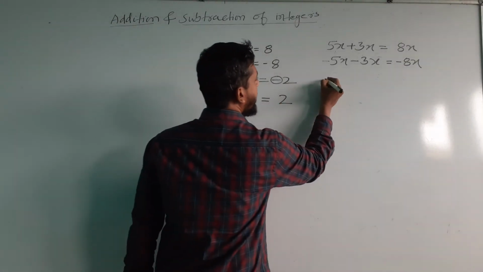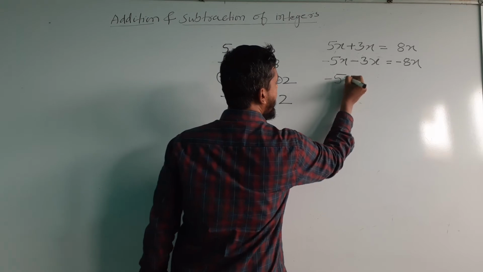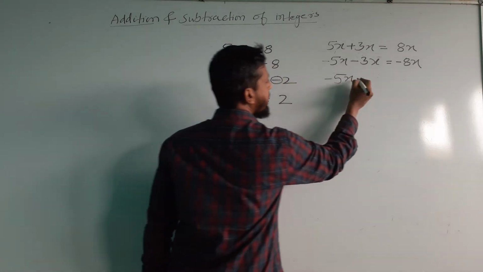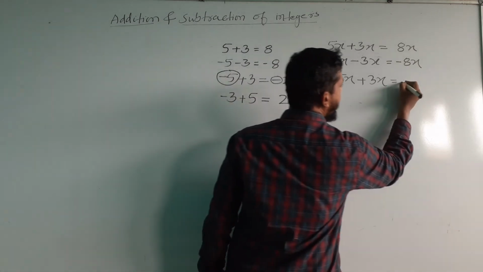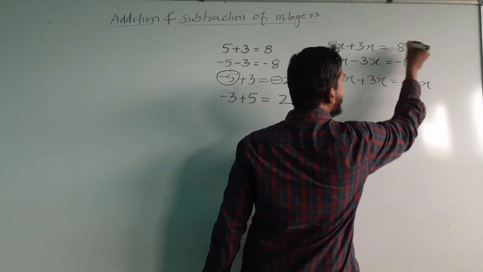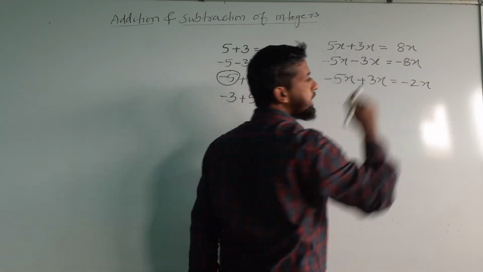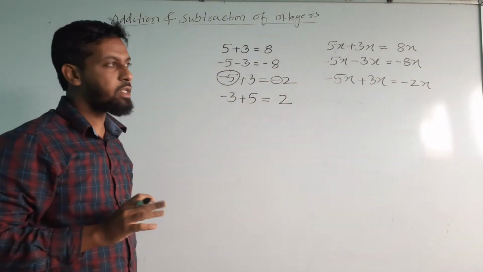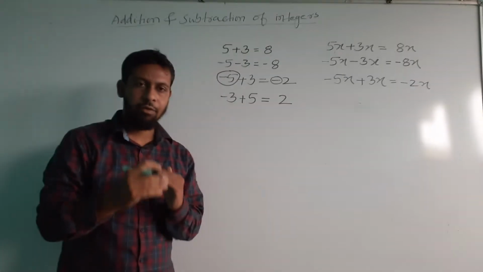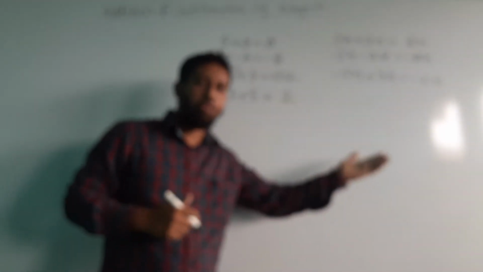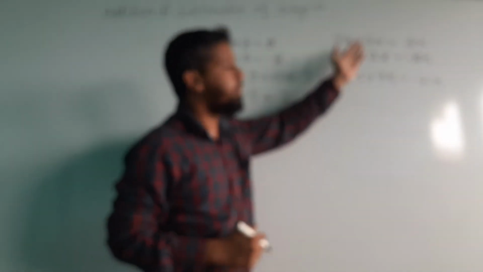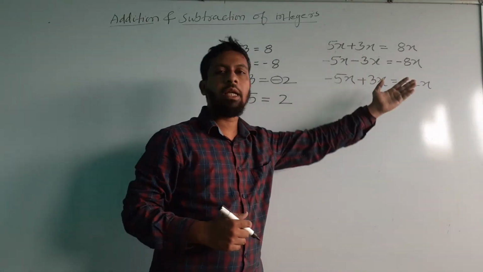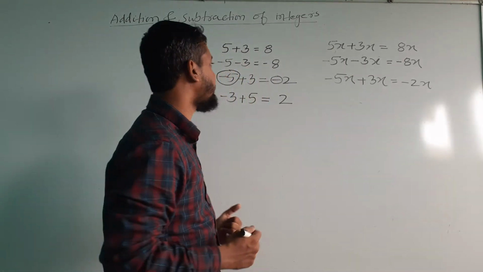Now, one more, we'll see the same example. -5x plus 3x will give you -2x. Only difference is this variable. If you add or subtract the numbers, result will be in the form of numbers. If you add or subtract the variables, result will be in the form of variable.